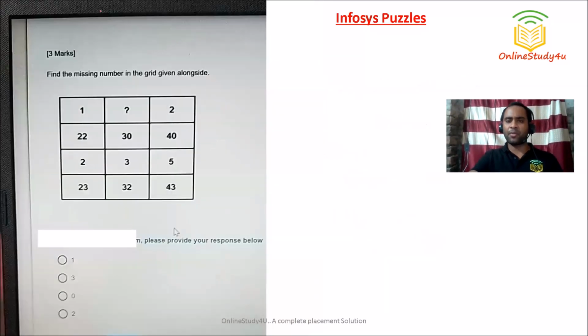Not a very difficult problem. Practice, practice, and practice is required. Okay. Find the missing number in the grid alongside. Okay, so friends, you see this is 22, right? And this is 23. So 22 plus 2 minus 1, the remaining numbers we are subtracting.